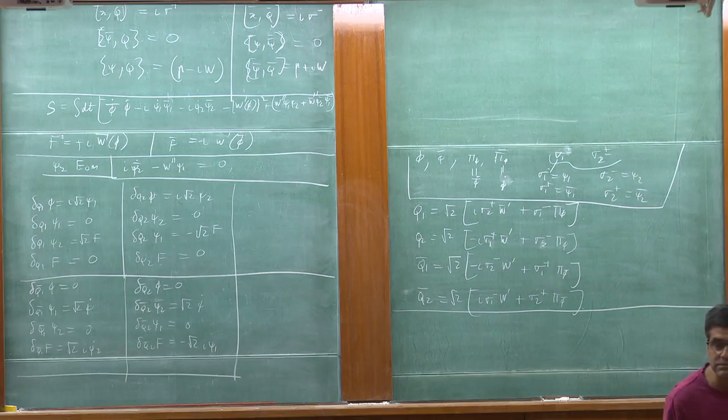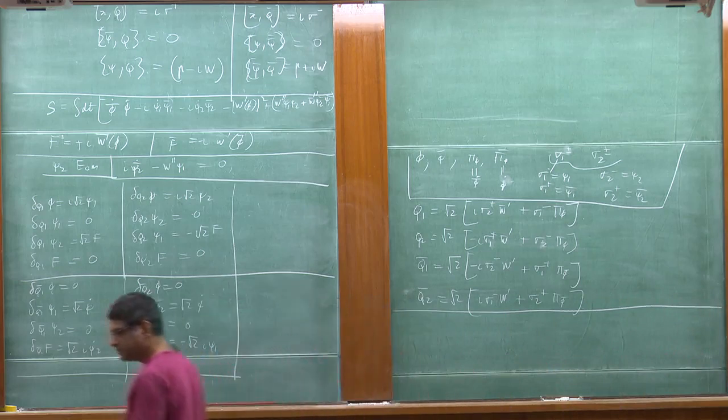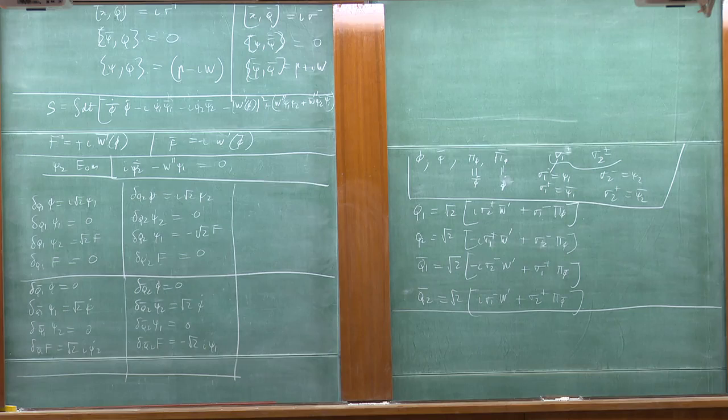That means if there is another field which commutes with everything, I can add it to Q1 and it won't change anything. Okay, yes. If there is a field which commutes with everything, then I can just add that to Q1 and it won't change anything. Yeah. So, irreducible algebra, we should not have that. Right.